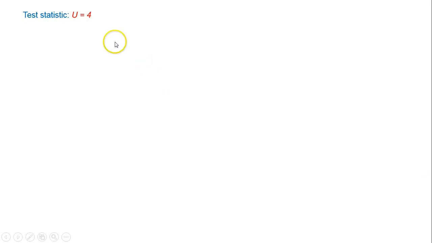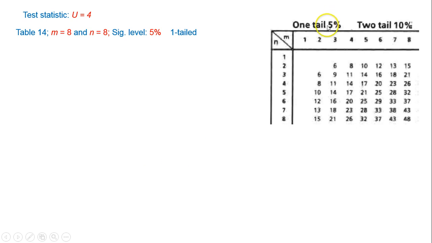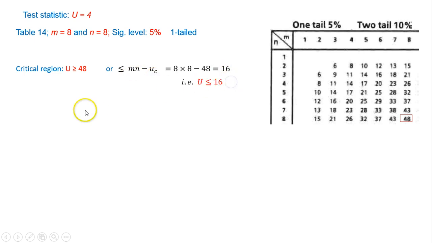And we compare this with table 14, where M is 8 and N is 8, we have a significance level of 5% and it's one-tailed. So one-tailed, 5%, 8 and 8, and we get our critical region to be 48. And we check the smallest one, so MN minus the critical region, which gives us 16.